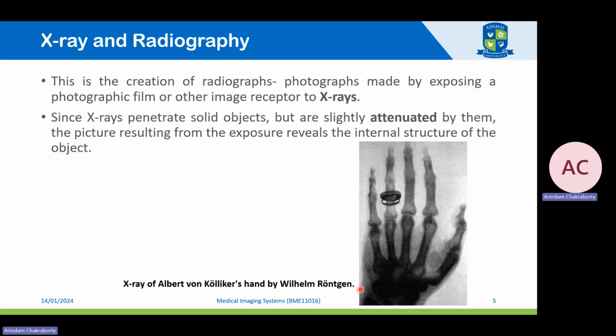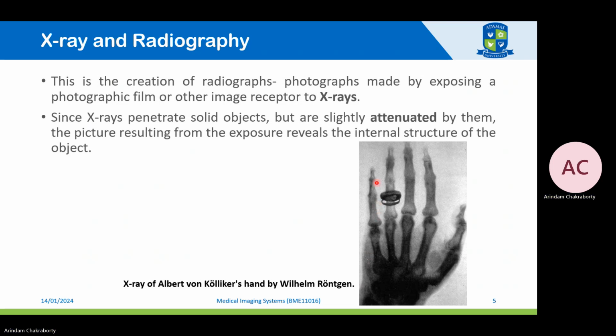Since X-rays pass through solid objects and are only slightly attenuated by them, the picture resulting from the exposure level reveals the internal structure. We can see here the bony structure of this hand, which was the first image taken by X-ray, by Röntgen himself.